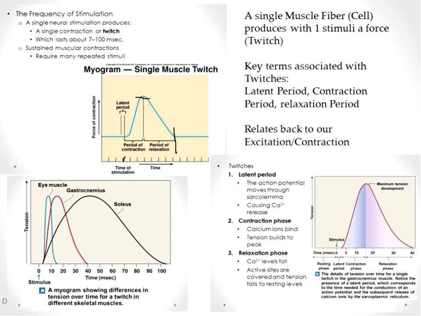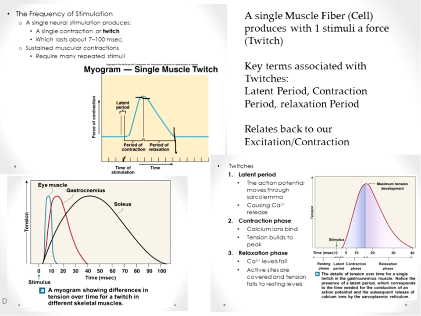And that's what this graph down here is trying to show you: the amount of force that a muscle with a certain number of myofibrils and a certain number of sarcomeres is going to produce is pretty much an all or nothing response when acetylcholine is released, or when the electricity button is pushed in the myograph experiment.